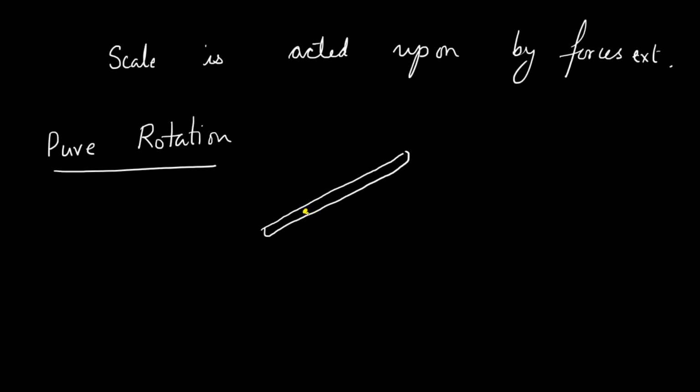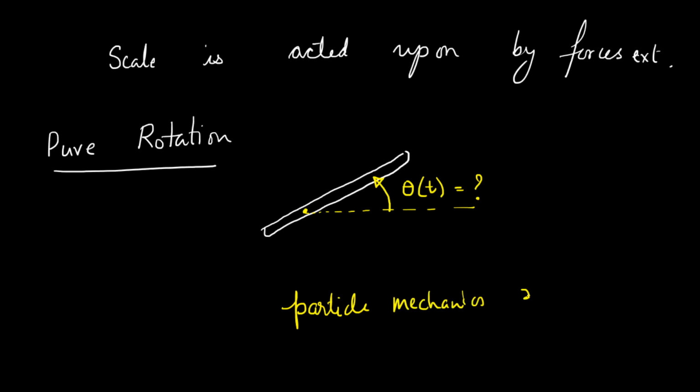But I think what we are trying to predict is what is the angle as a function of time. Okay, so this is going to be the prediction, and it is similar to particle mechanics, where we try to predict what is the position, if it's one-dimensional, as a function of time.